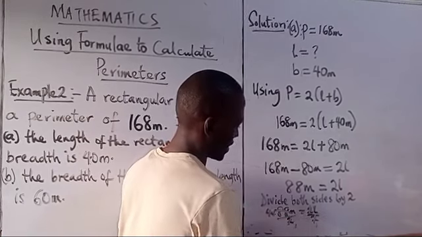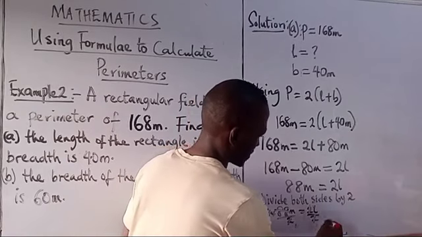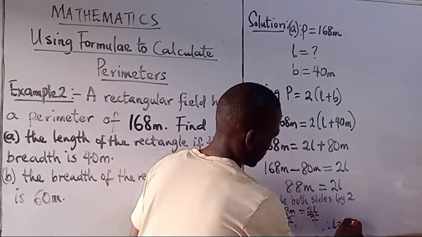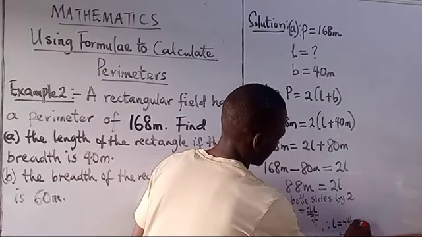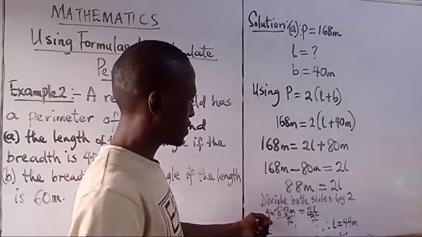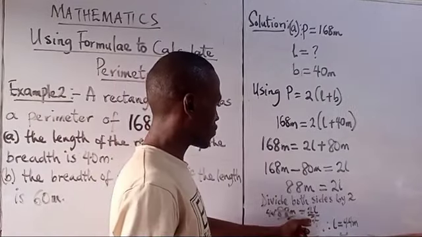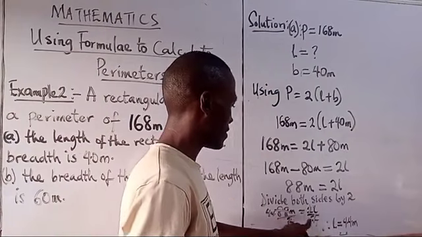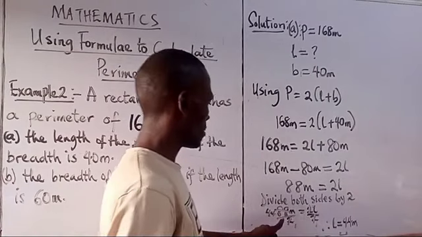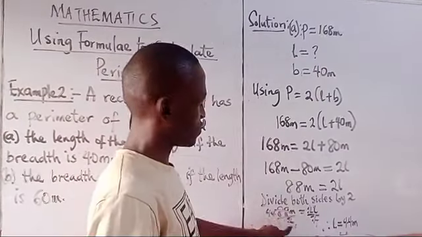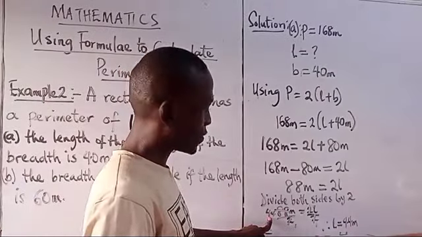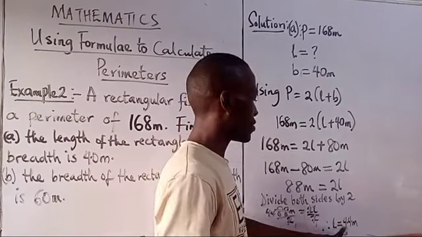So what we have there, we write that therefore L is equal to 44 meters, because that is the only thing left. 2 has cancelled 2 here. We are left with only L here. L equals 44, since 2 has divided 88 to remain 44.